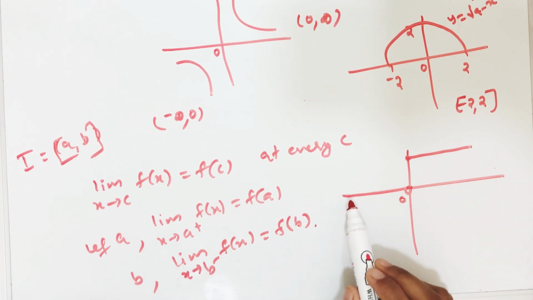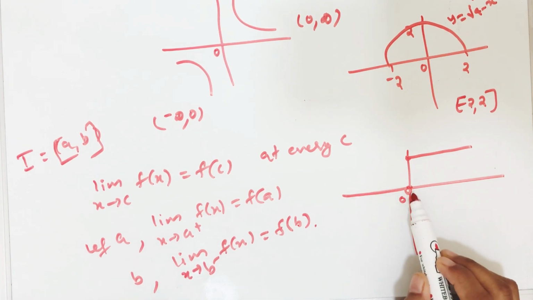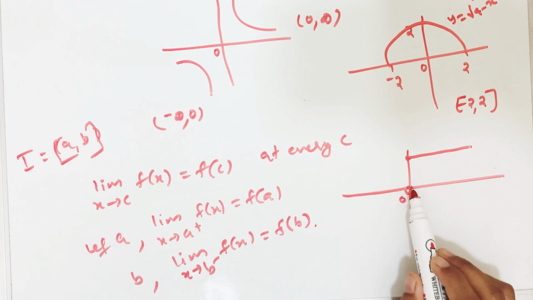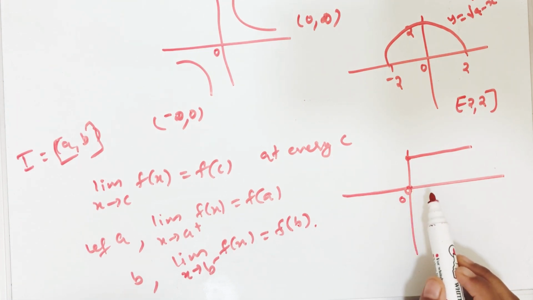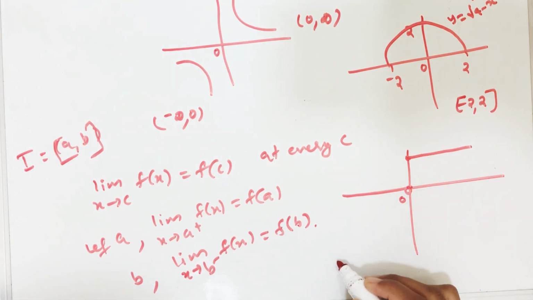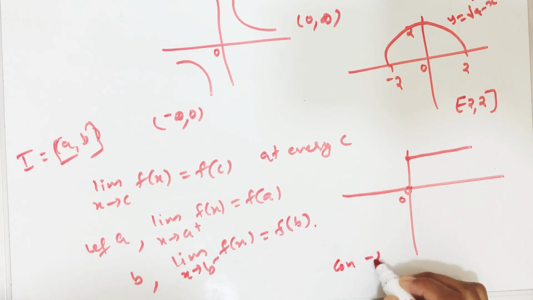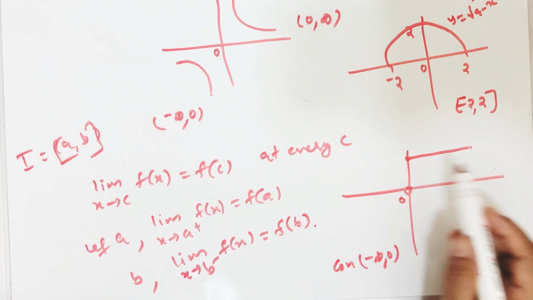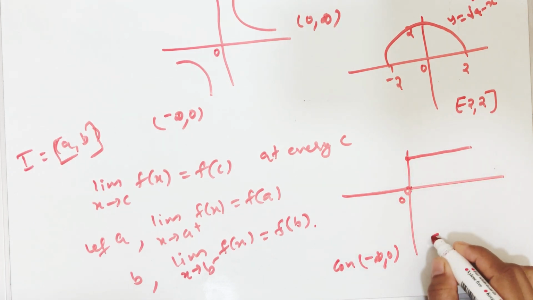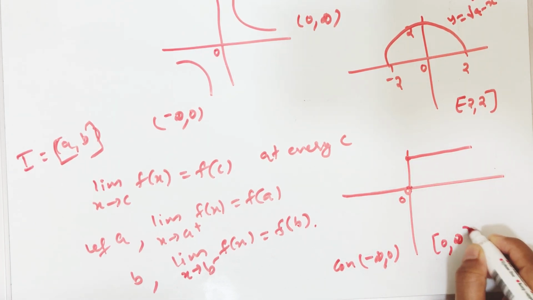But we can say it is continuous from minus infinity to 0, 0 not included. At 0 it is not continuous. Here the function value is 1. Here the limit is 0. So we can say this function is continuous in minus infinity to 0. This portion is continuous, and also from 0 to infinity including 0, it is continuous.